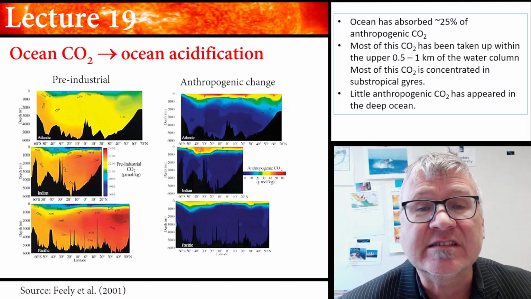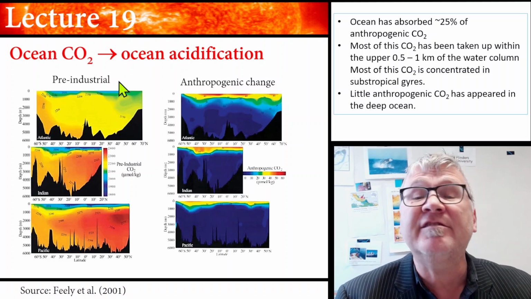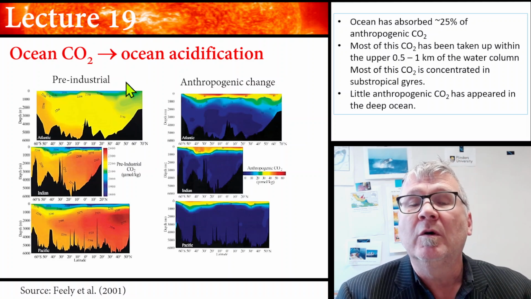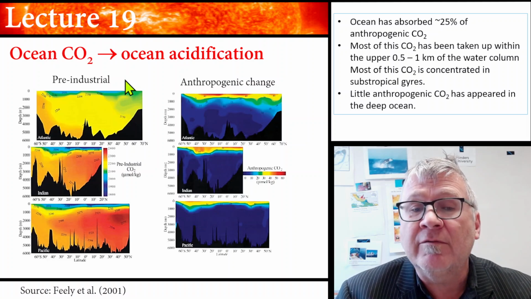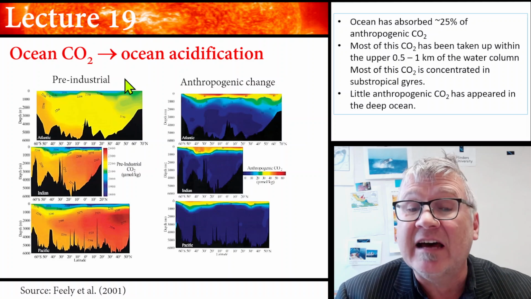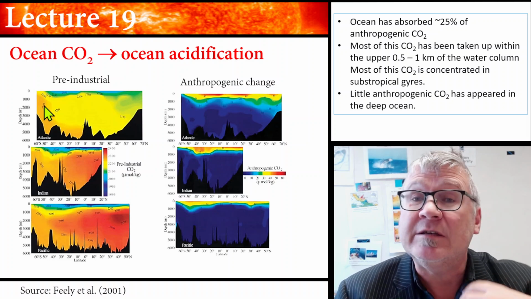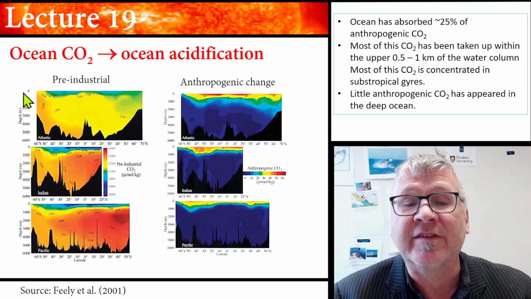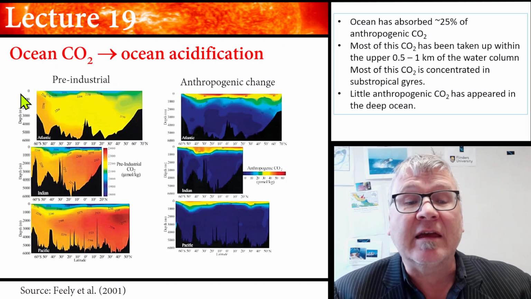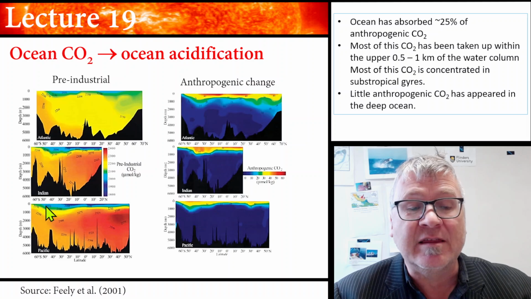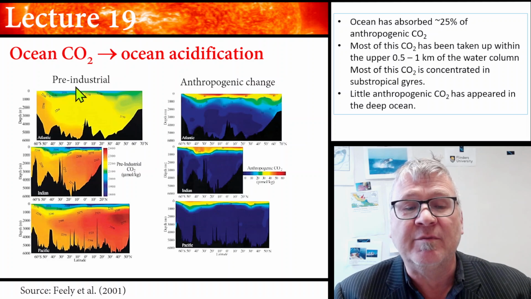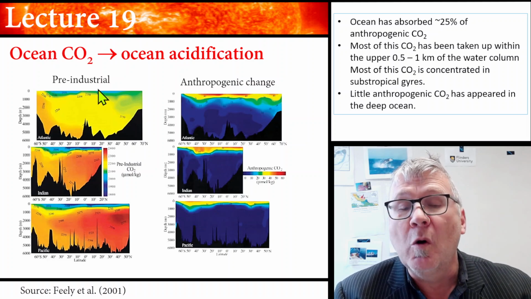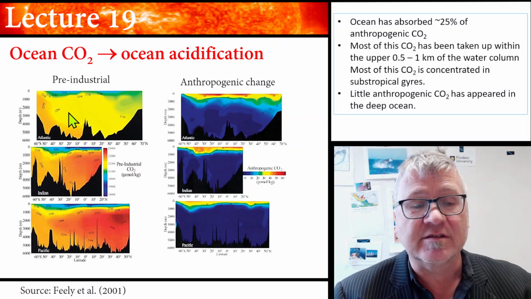What's shown here is, on the left side, the distribution of CO2 before the industrial revolution started. It's a reconstruction of distributions in the ocean, and we're looking at the Atlantic Ocean, the Indian Ocean, and the Pacific Ocean. We're cutting through all these oceans, and you can see the distributions. Blue is low; yellow, orange, and red are high concentrations.